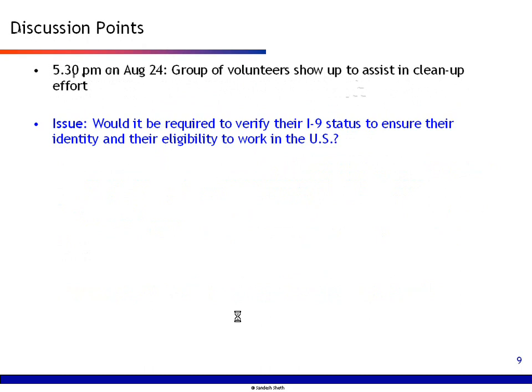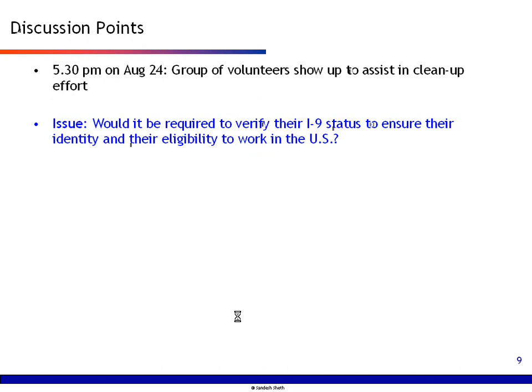Question: would it be required to verify the I-9 status to ensure the identity and the eligibility to work in the US? What if they haven't carried their status documents along with them? Who would verify, and how would it be done?